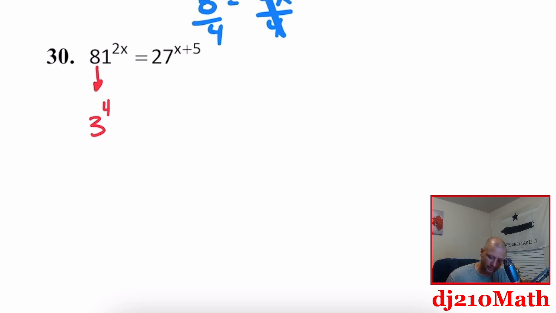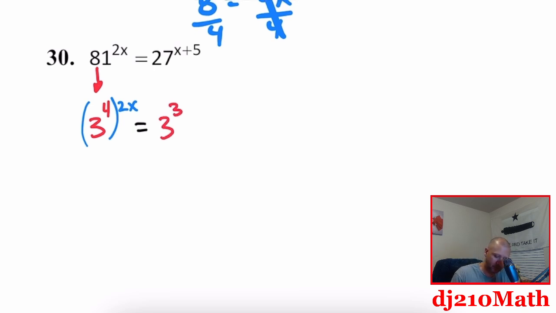Don't forget about the exponents that are already outside. This is equal to, so 27 as base 3. 3 times 3 is 9, times 3 is 27. So 3 cubed. Again, don't forget about the exponents that are originally there.